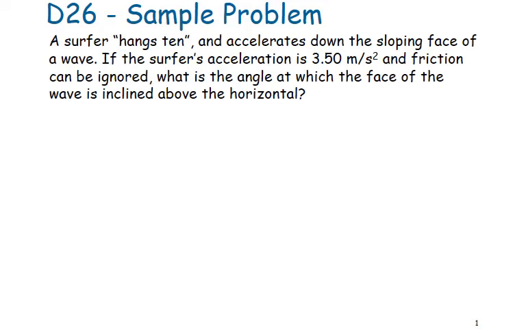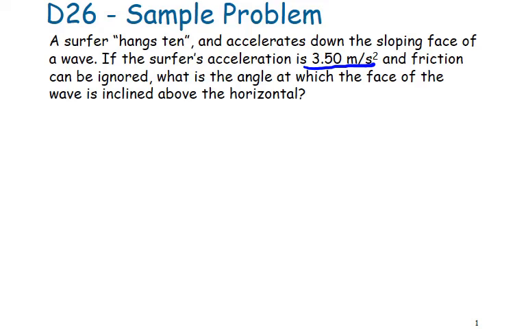Okay, for this one, to determine the angle of the ramp, we're going to use that same method we just did, where we cancel mass out as we keep everything in variable form. So on this one, go ahead and set up the free body diagram with the incline, and we know the acceleration now, and what you're going to do is work your way backwards to find the angle.